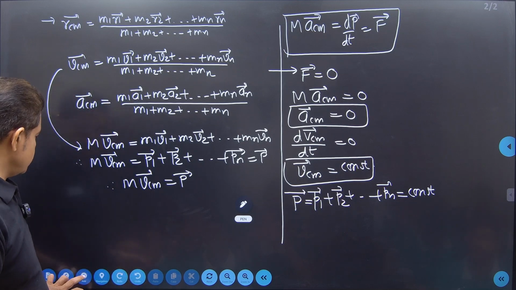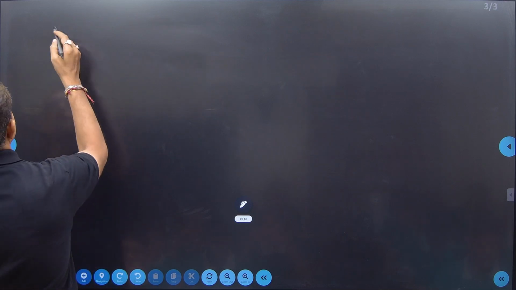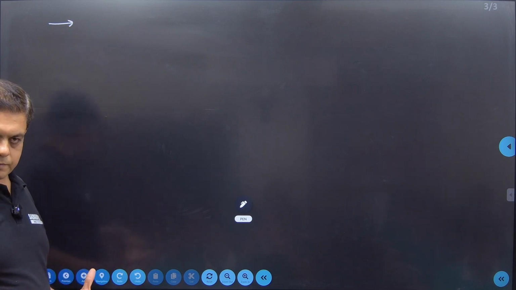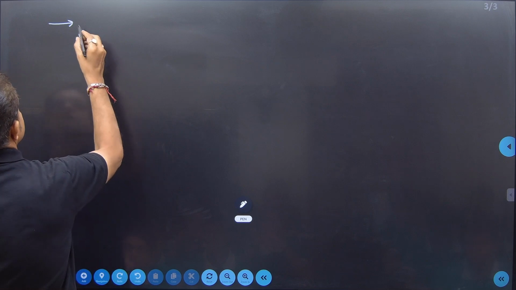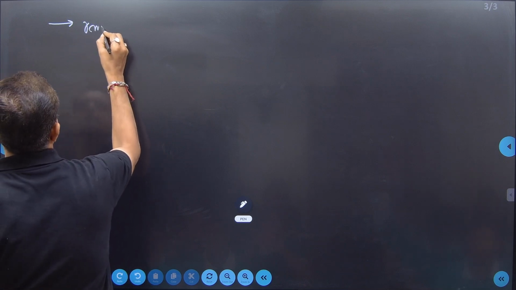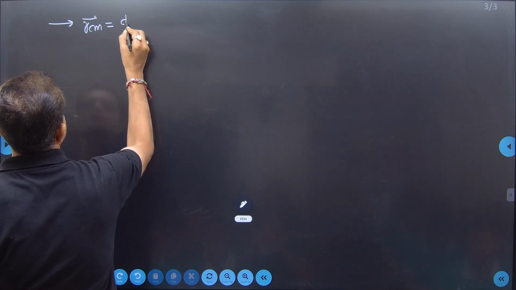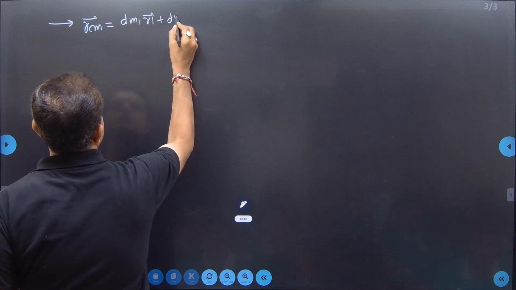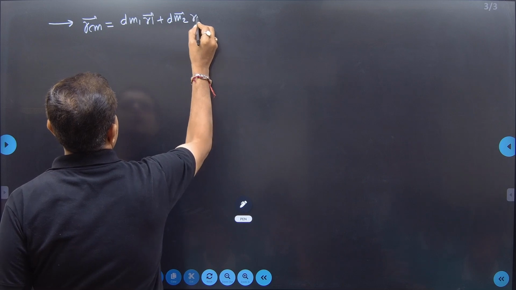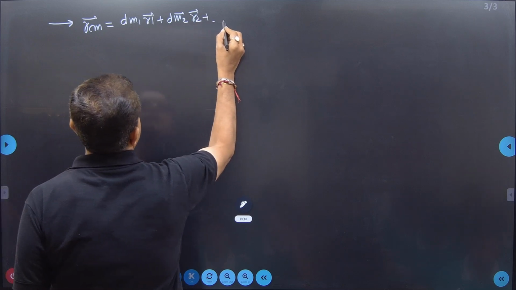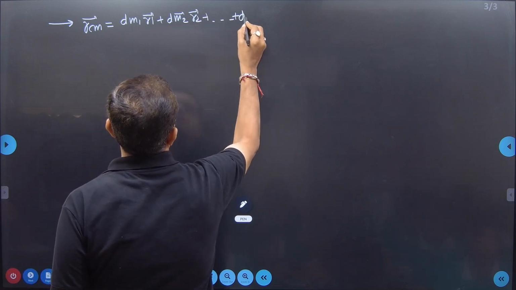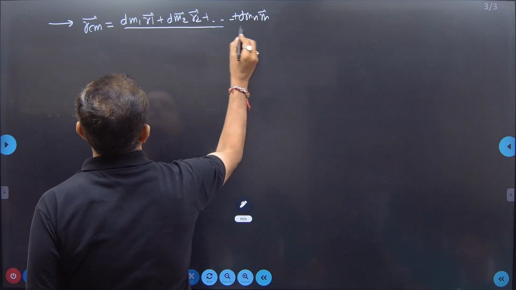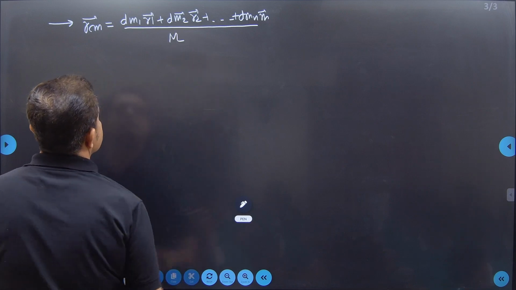So in that case, for a continuous distribution of particles, the center of mass RCM can be written as dm1 r1 plus dm2 r2 and so on, dmn rn, upon the total mass.